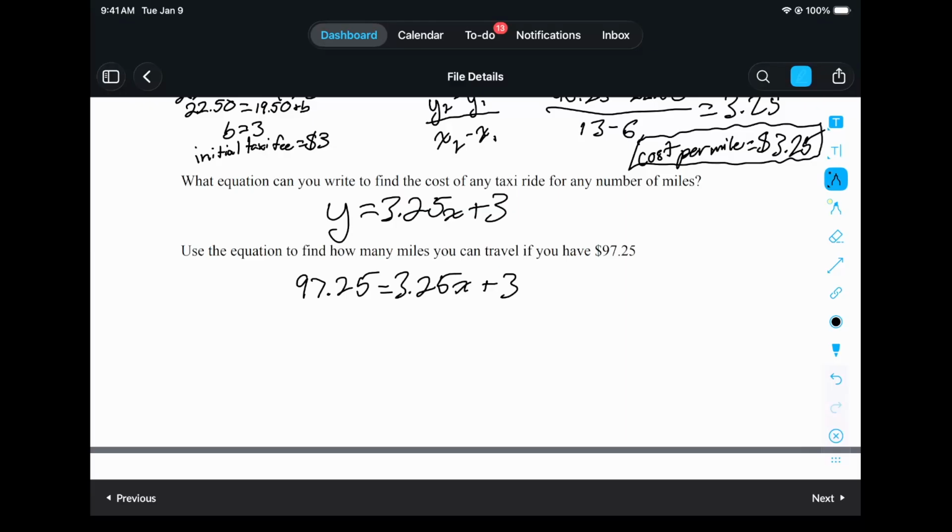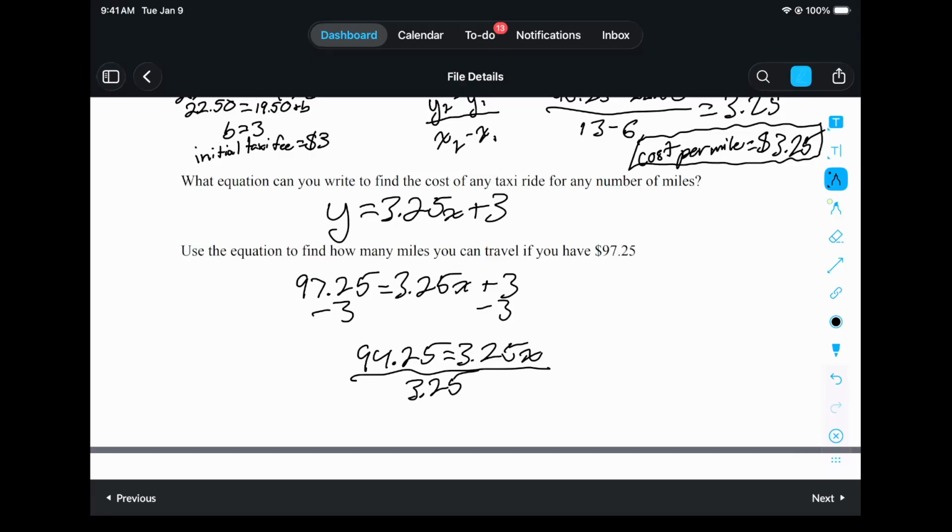From here, we can work it backwards. We're going to subtract 3 from both sides. It should be 94.25 equals 3.25x. Divide the whole thing by... My earbuds are going to die. My earbud, singular. I lost the other one.